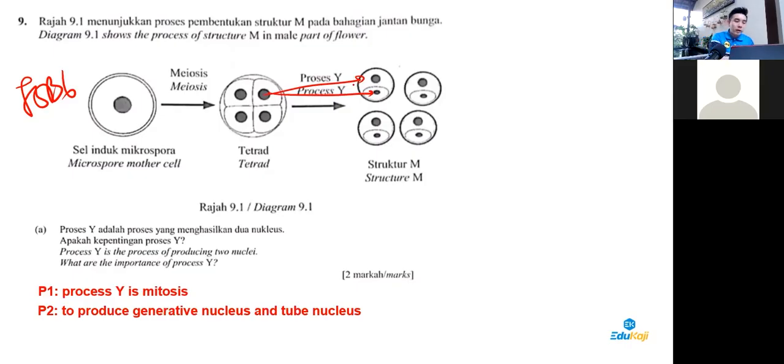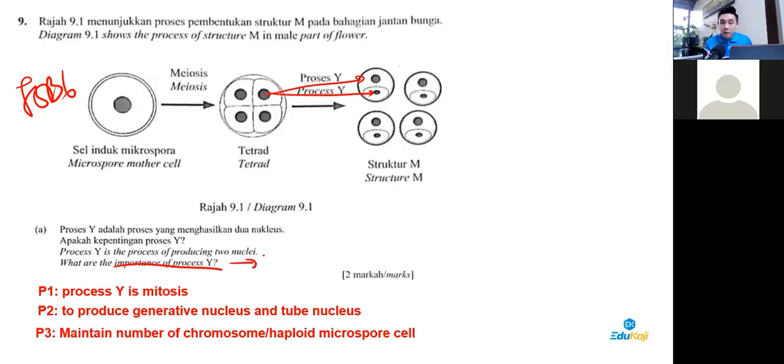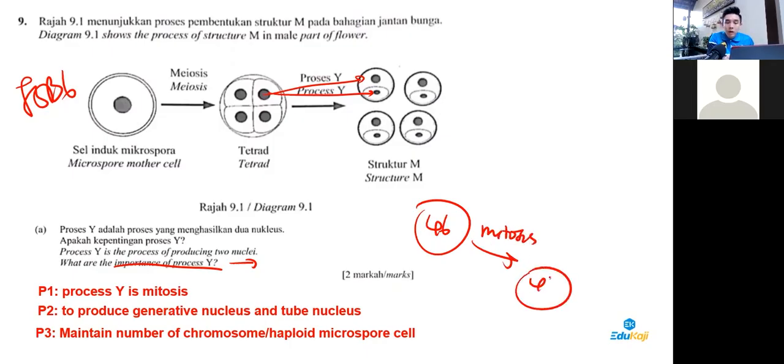Don't forget to tackle this question as well: what is the importance of mitosis? The answer is always to maintain the same number of chromosomes. Coming back to basic stuff, when our body cell with 46 chromosomes undergoes mitosis, it is still exactly the same.